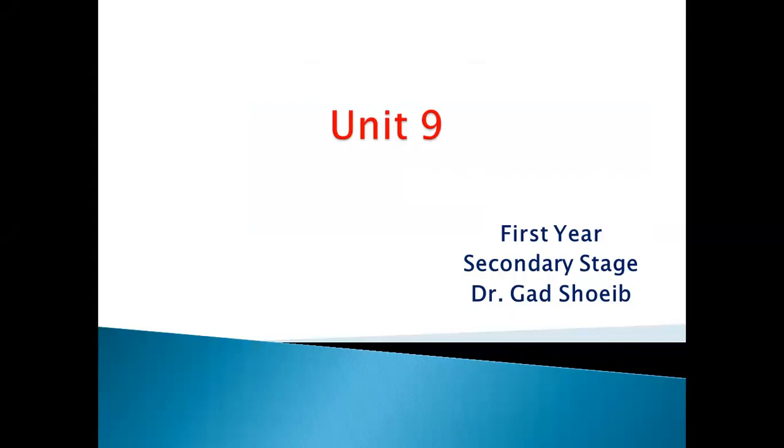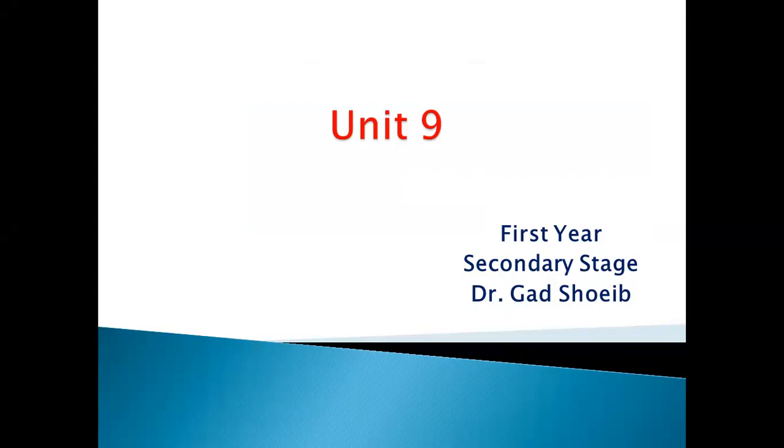As we said yesterday, we are going to have two videos. The first one, recorded last time, was about the different forms of tenses, and we discussed the differences between tenses. Today, we are going to complete our lesson.